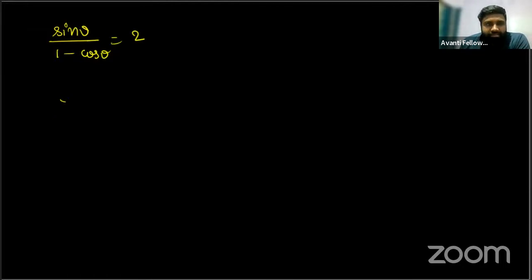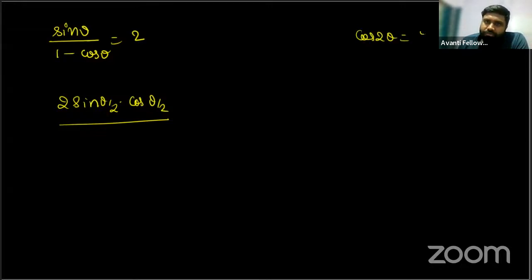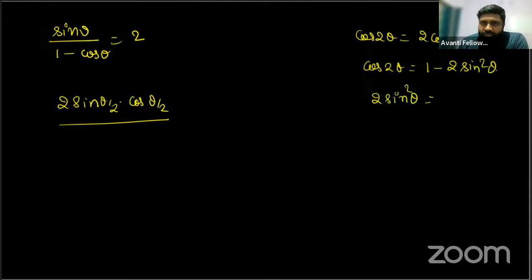Okay. So now sin theta upon 1 minus cos theta equals 2. So sin theta we can write as 2 sin theta by 2 cos theta by 2, and for 1 minus cos theta, one formula is cos 2 theta equals 2 cos square theta minus 1, and another formula is cos 2 theta equals 1 minus 2 sin square theta. So 1 minus cos theta can be written as 2 sin square theta by 2.